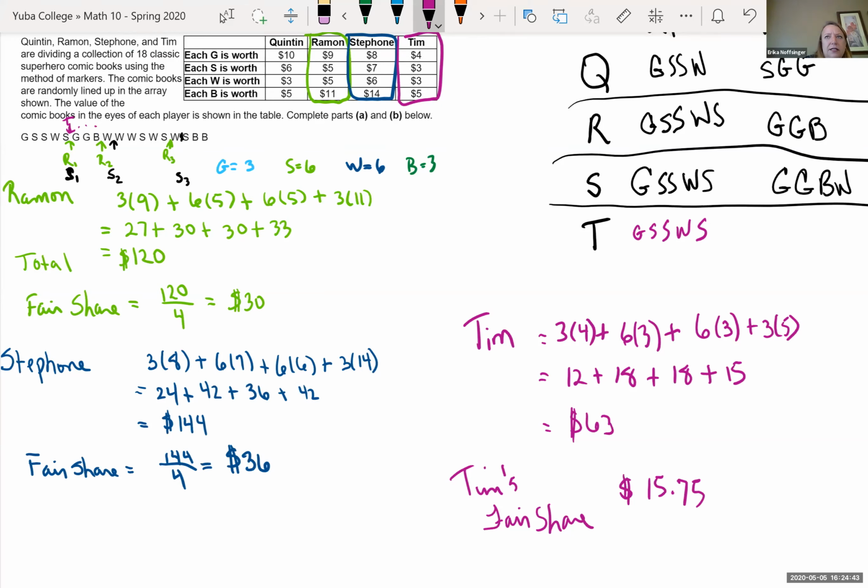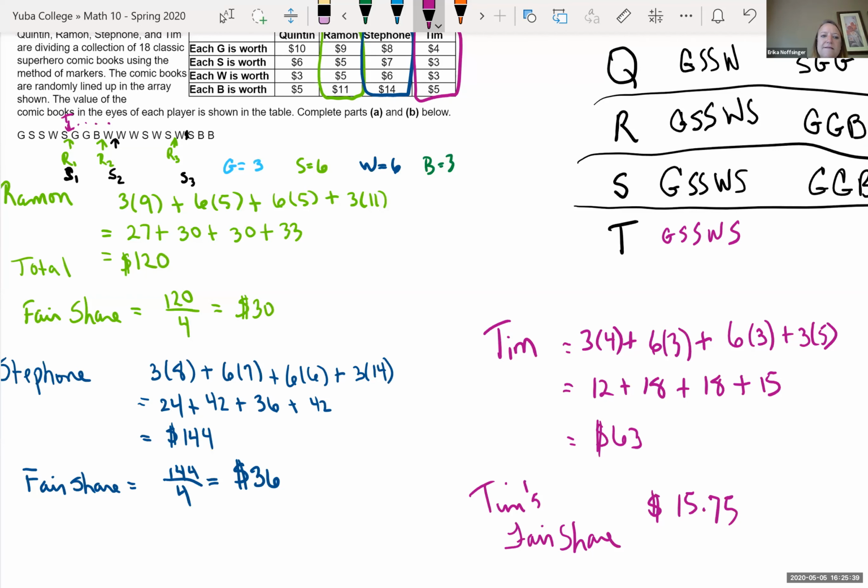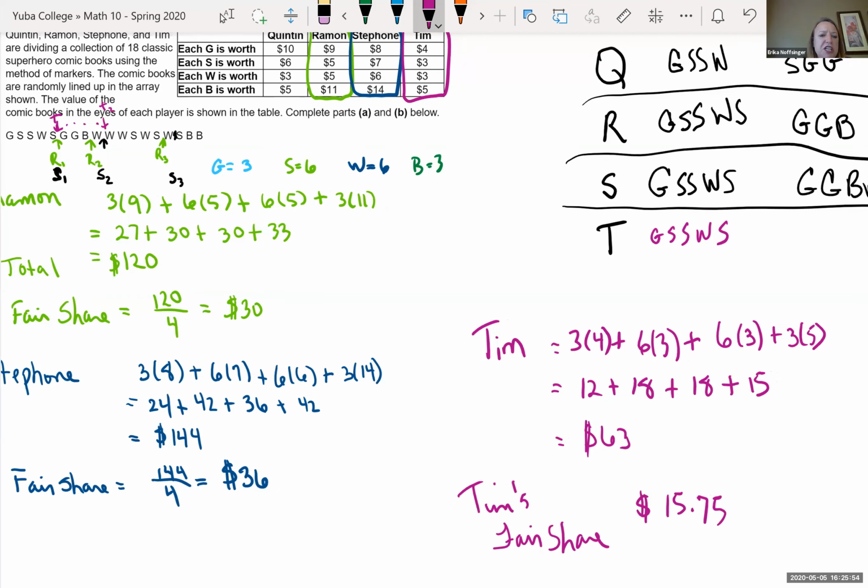If I go to W, just a minute, my battery's. Okay, so we found that Tim would put, for $16, it would be GGBW. So this is where Tim is going to go.